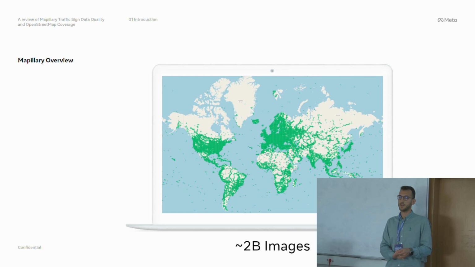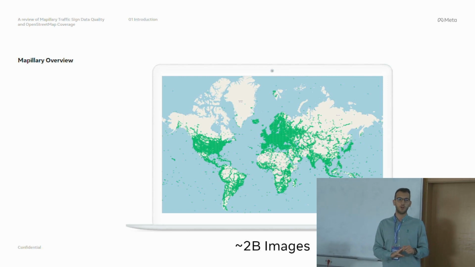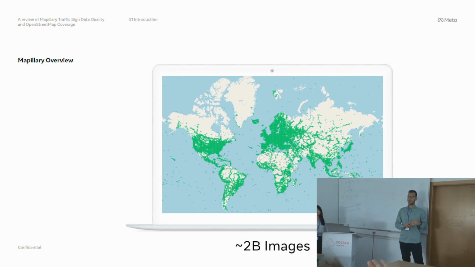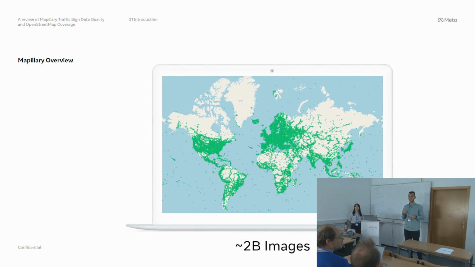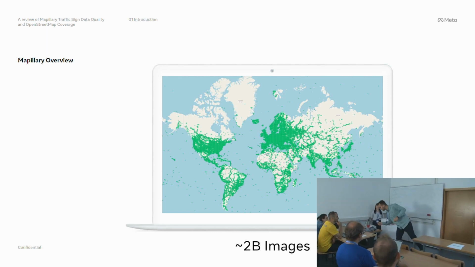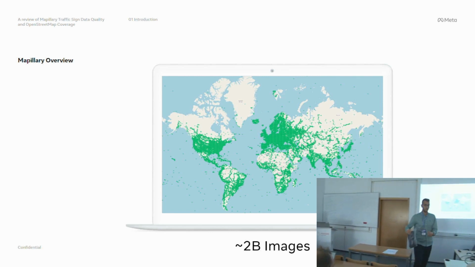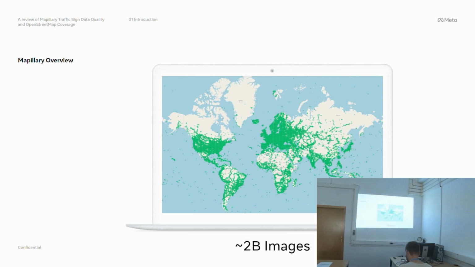I'm just curious, do we have anyone who has contributed at least one sequence or one image to Mapillary? Awesome. Do we have anyone who has contributed at least 2,000 images? Get a t-shirt? I think you were the first. More than 2,000? All right, this is a little gift from us.